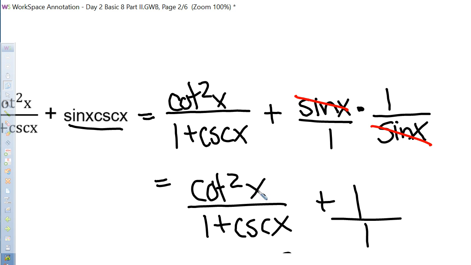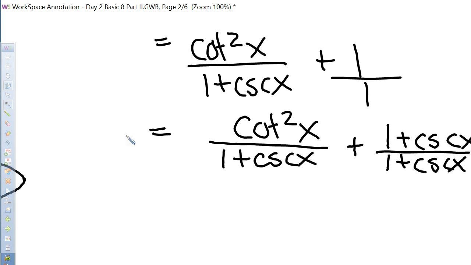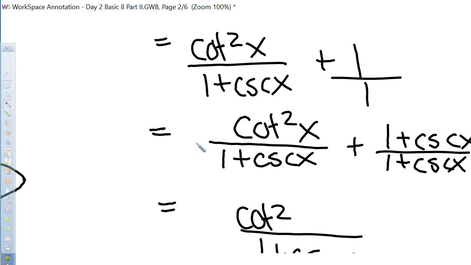What would I have to put in the numerator so that that is still equal to 1? 1 plus cosecant of x. So now that I have the common denominator, I can combine those two fractions together. And that gives us cotangent squared of x plus 1 plus cosecant of x.